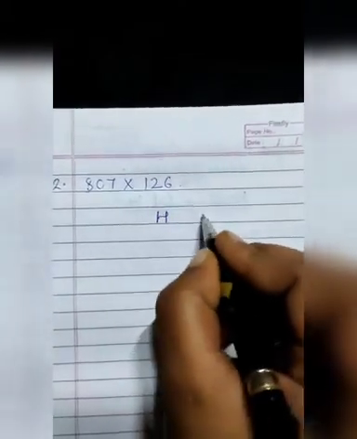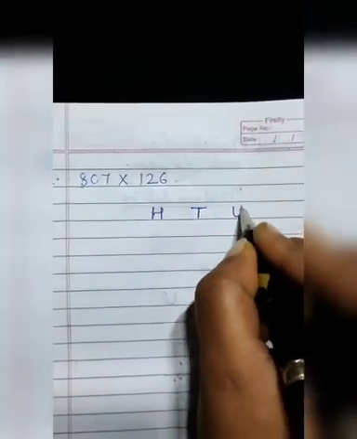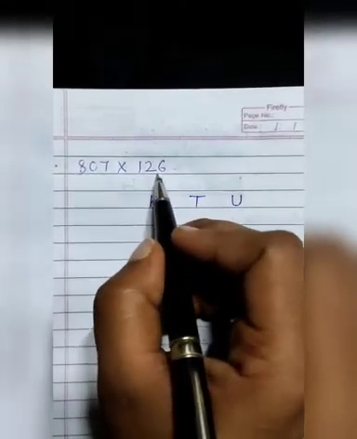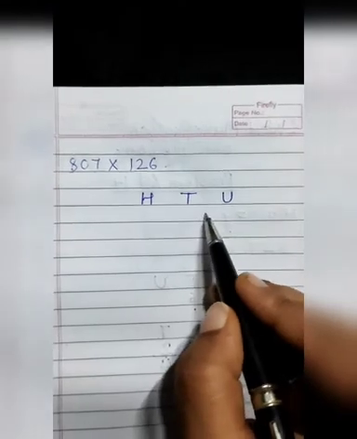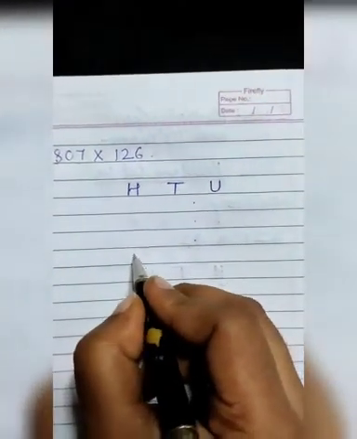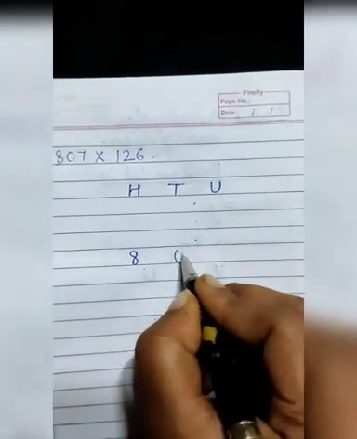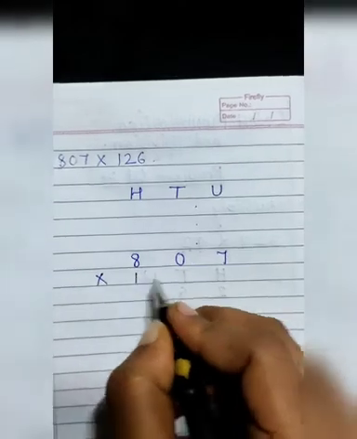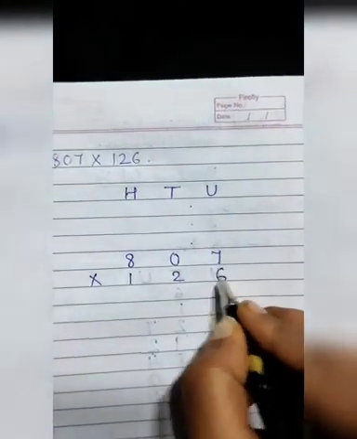So hundreds, tens, units. Now here students, a 3-digit number is there, so we will leave 3 lines, 1, 2 and 3. Now we will copy the question. 807 multiplied by 126.